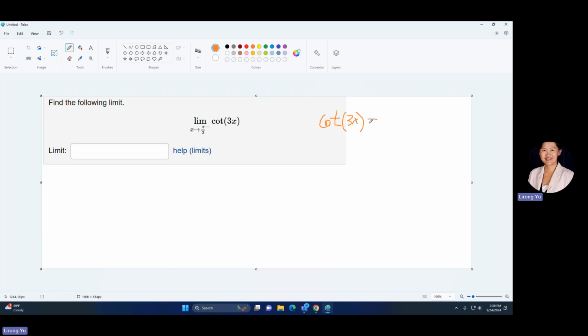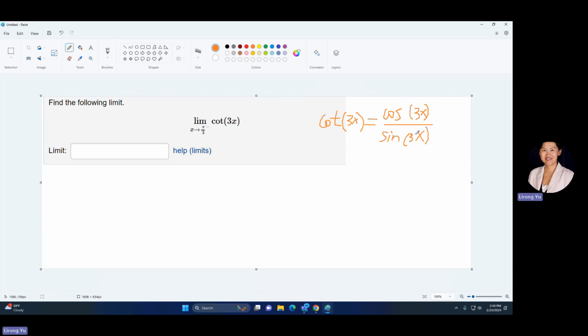The fundamental relation to the two most basic functions is sine and cosine. All the other trig functions can be related back to sine and cosine. If you're not sure, we'll convert it to sine and cosine. So this is cosine 3x divided by sine 3x. So we're going to convert it to division between two functions.